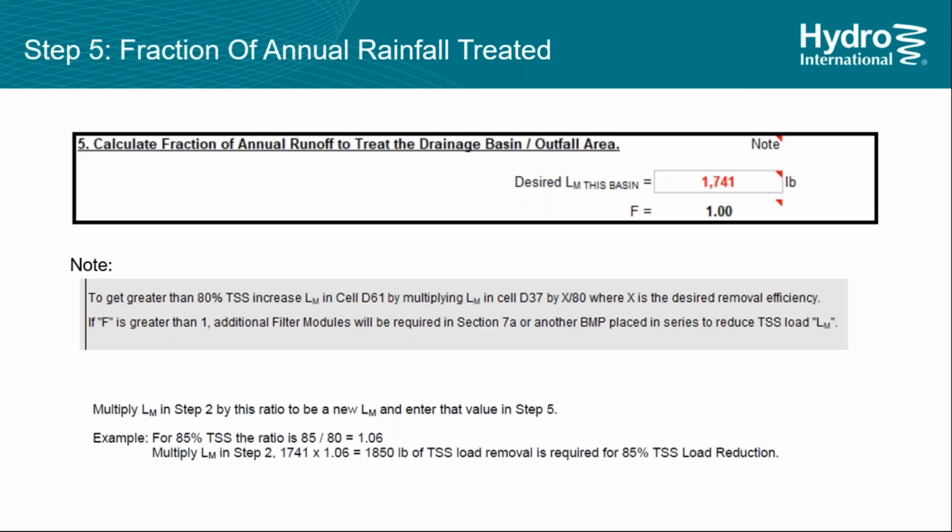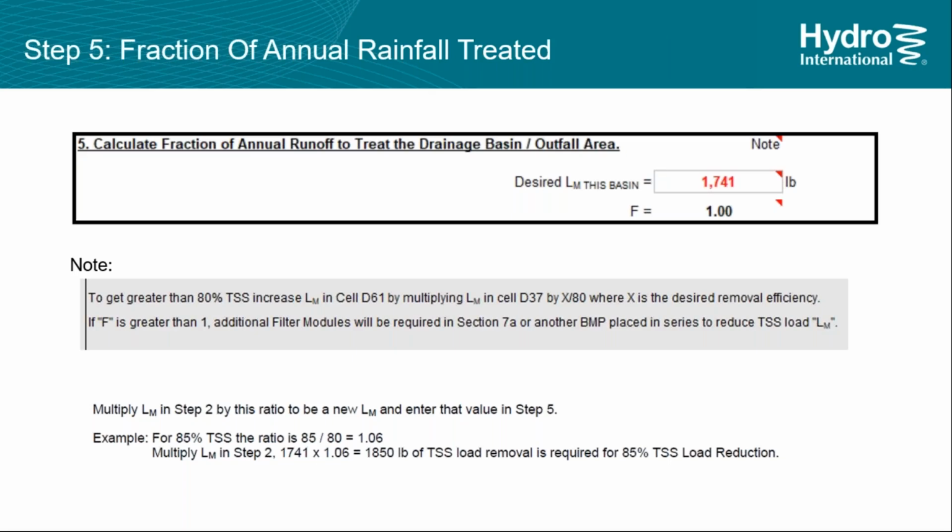get greater than 80% TSS, you divide your desired percentage over 80, and then you're going to multiply that by your LM. So the example below shows if 85% of TSS was the requirement on this job, we'd do 85 divided by 80 equals 1.06, and then we'd multiply our 1,741 pounds by 1.06, and we would plug in desired LM at this basin, 1,850 pounds.